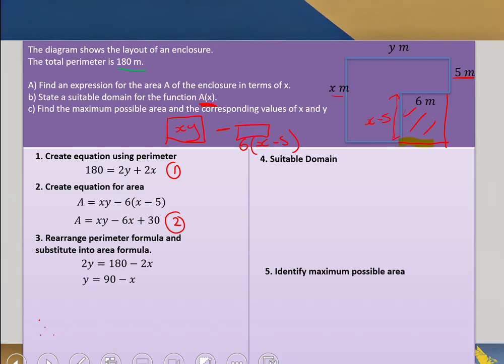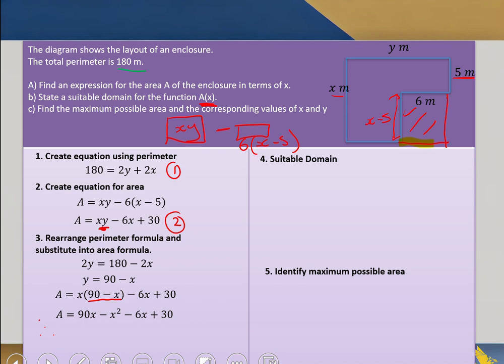Now I've got that, wherever I see my y, I can substitute it into my equation. So here, where I've got y, I've just replaced it with 90 minus x. So this is where I will then expand. x times 90 is 90x, x times negative x is negative x squared.